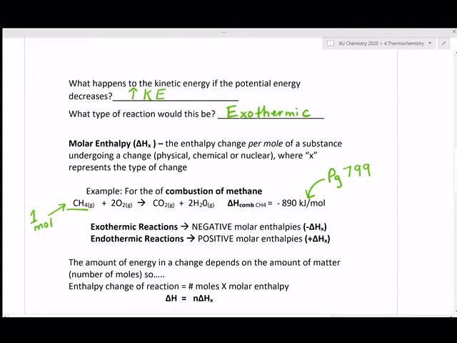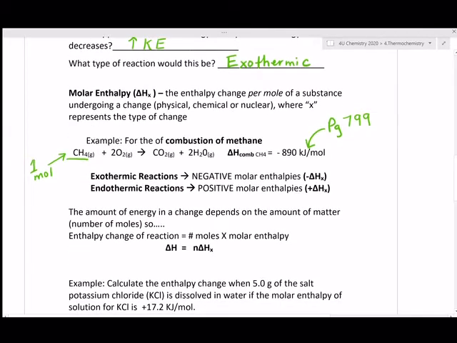Okay, just a reminder, because this is something you'll never want to get confused, is that once again, exothermic reactions are going to have a negative value for their enthalpy. But in this case, now it's a molar enthalpy. So no different than what you looked at yesterday when you were doing your definitions. And endothermic is, of course, positive.